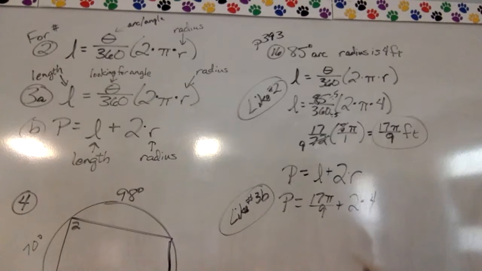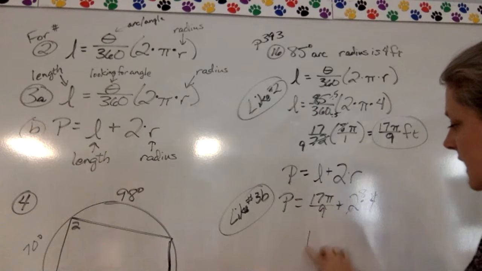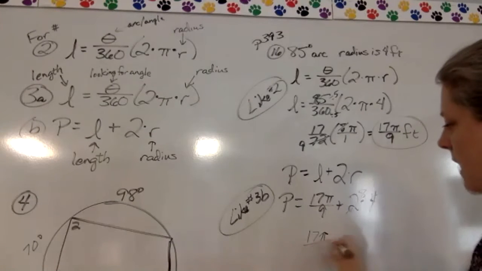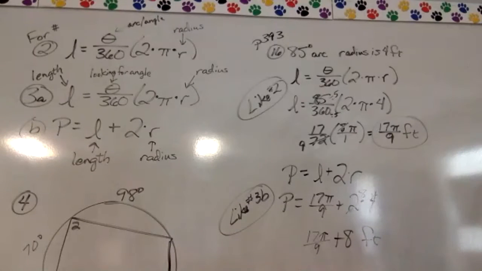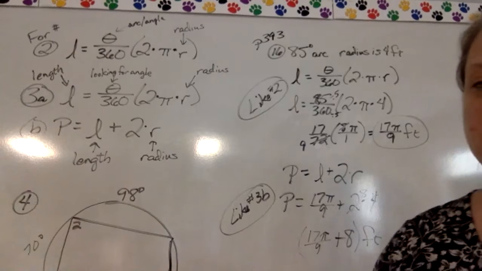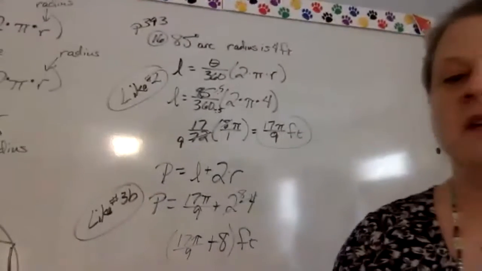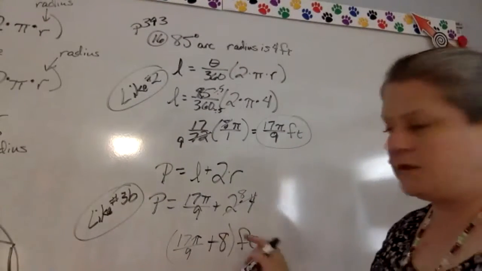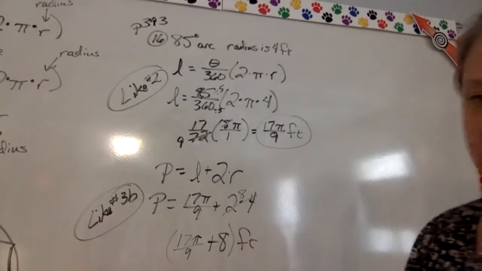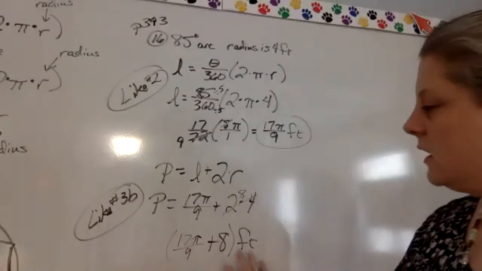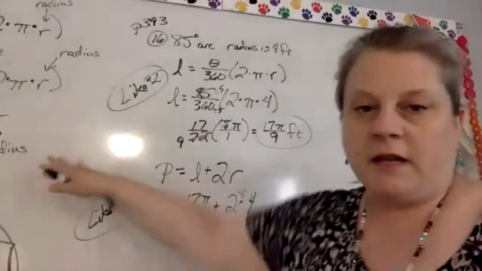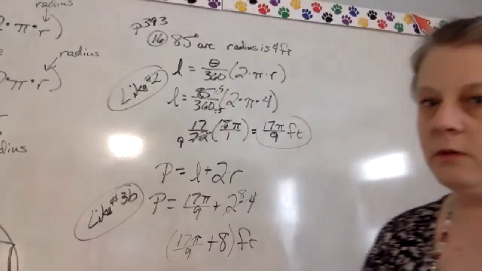So you simplify, 2 times 4 is 8. So I have 17 pi over 9 plus 8 feet. A lot of times they may put parentheses around there to show that the feet goes with both of them. I really don't care as long as it's on there. Remember, you always need to put units on your answer. So that's all you do for the perimeter part. That's how easy it's going to be on 3B on the quiz.